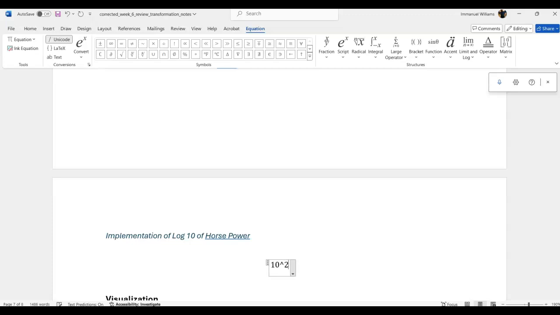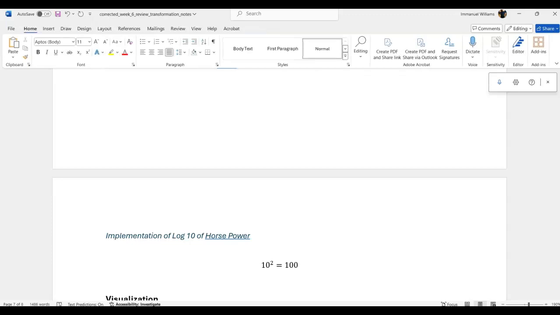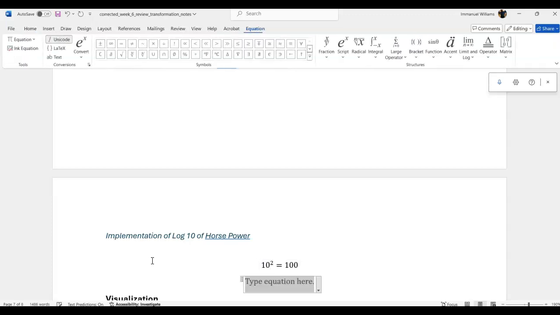So 10 raised to the second power is equal to 100. These are exponents. And when it comes to log bases, it's the inverse of exponents. 2 is my x, my variable in this situation. So let me write it again. f of x is equal to 10 to the x.